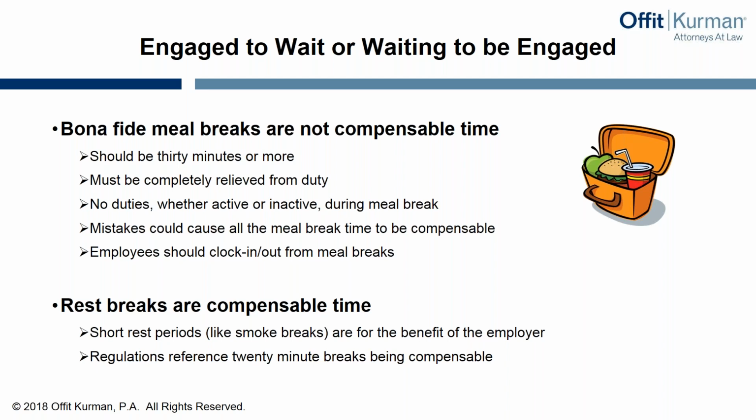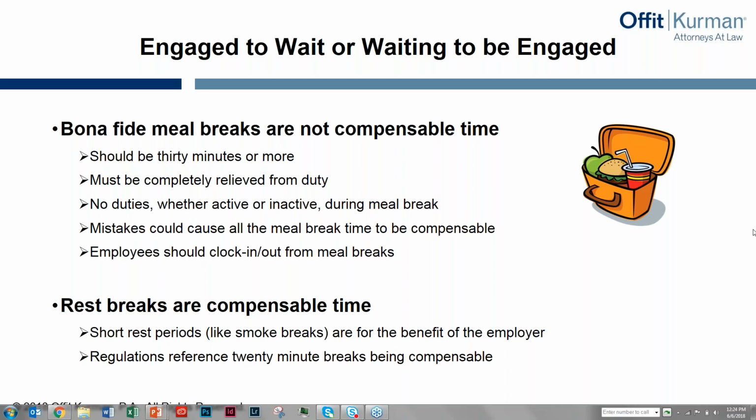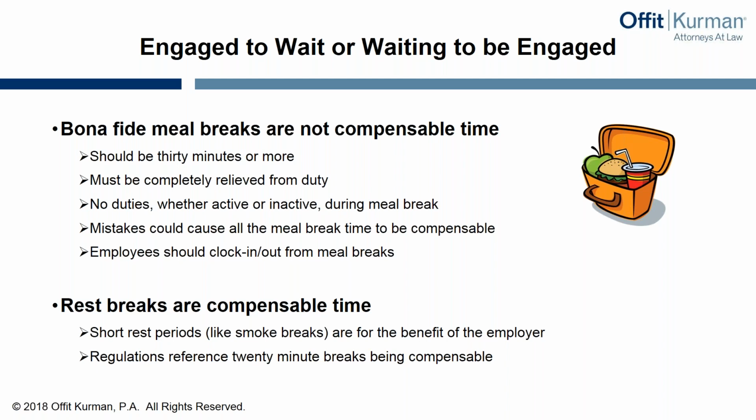And so that's something that you have to be very conscious of. And so what I recommend is that you use the time recordation system to ensure that the breaks are sufficient and to guard against claims and litigation of mistakes. So if you make non-exempt employees punch out and punch back in for lunch, you've now created a record that the employee has had a part in creating as to the time of their lunch break.